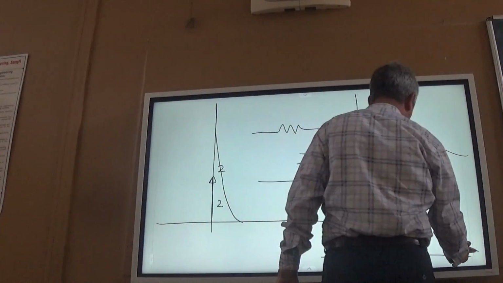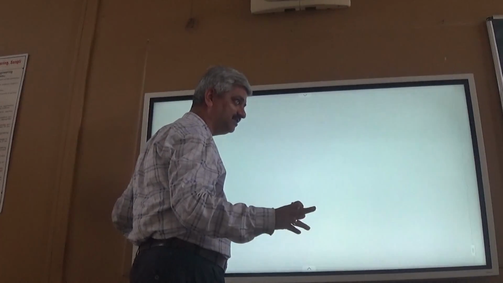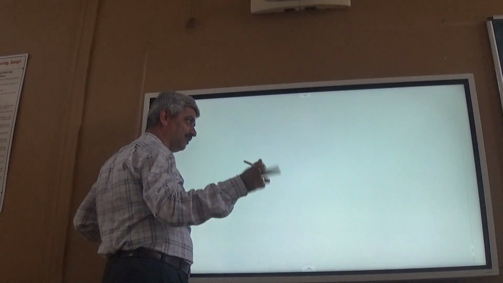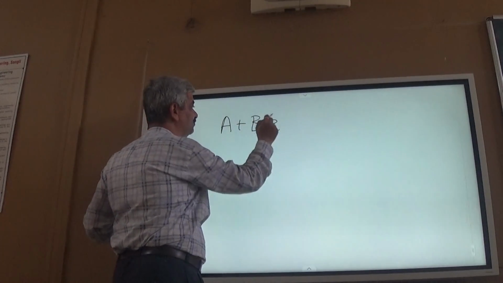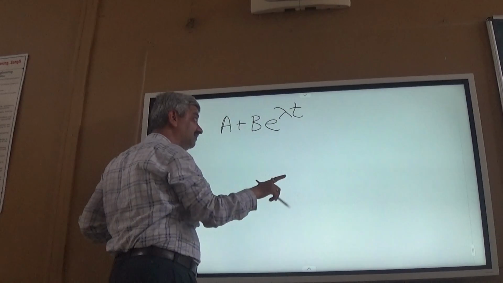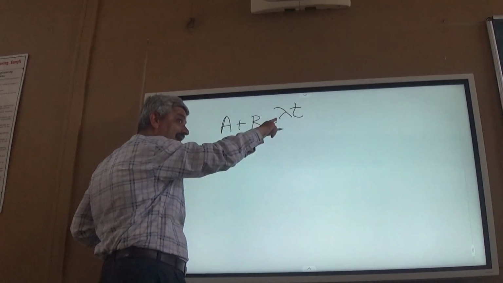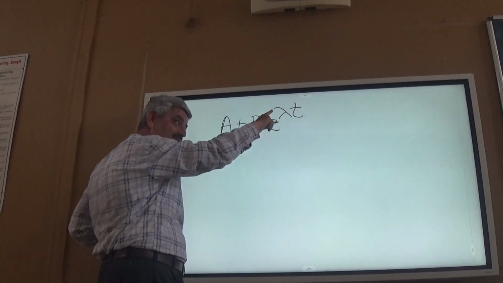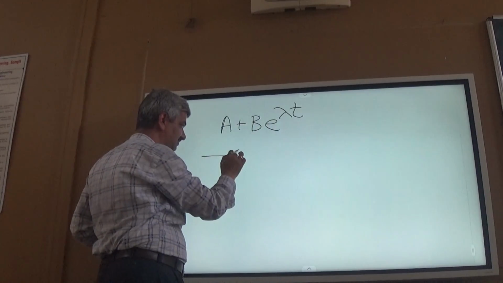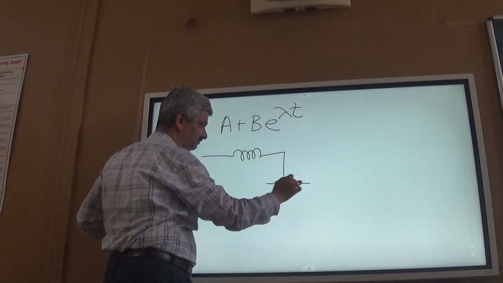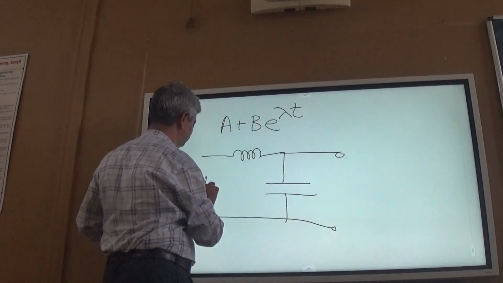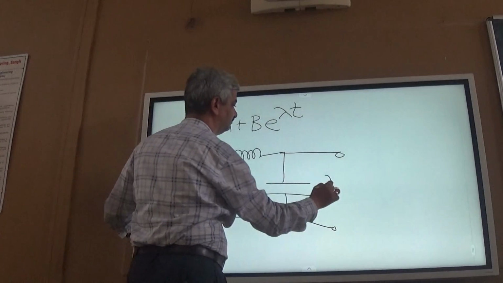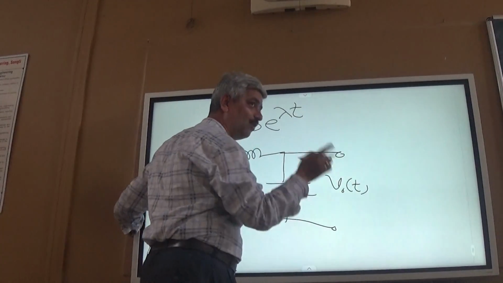Exponential, many things we have considered. So in general, when we come across a differential equation, we use a plus b e raised to lambda t, and we started with this. And what we got?